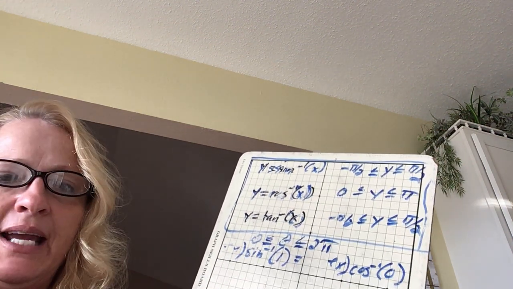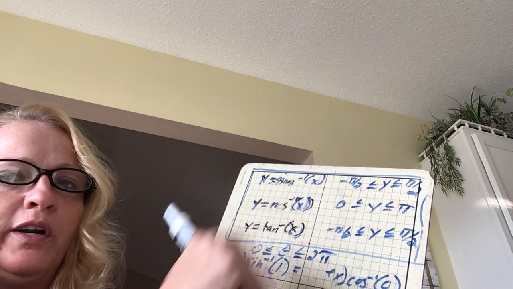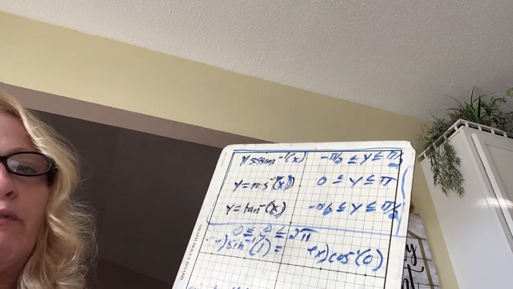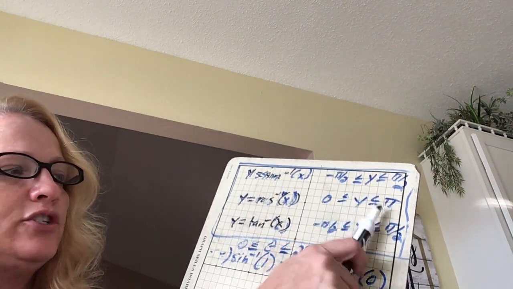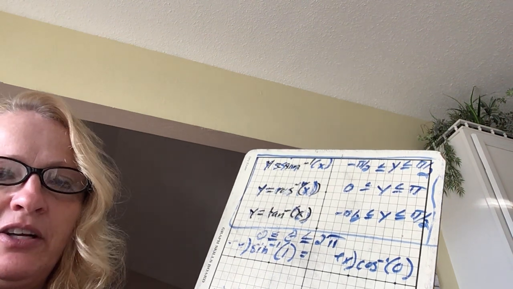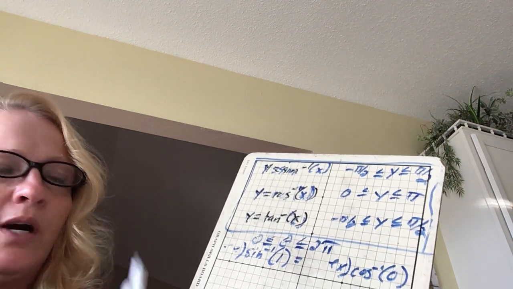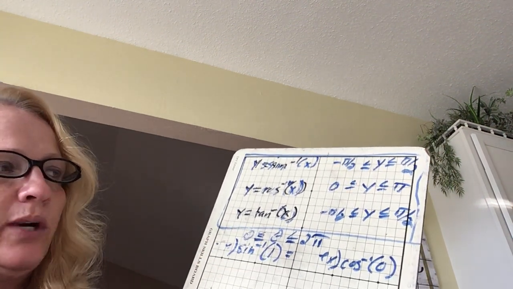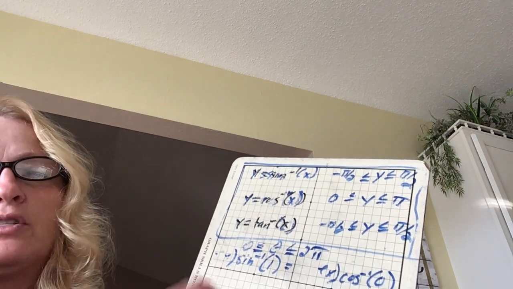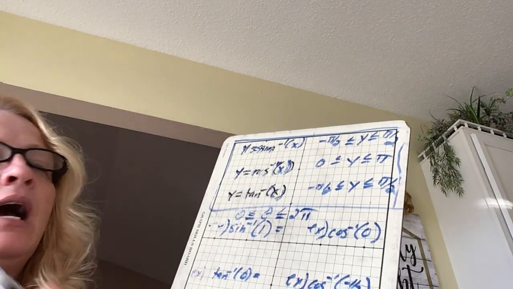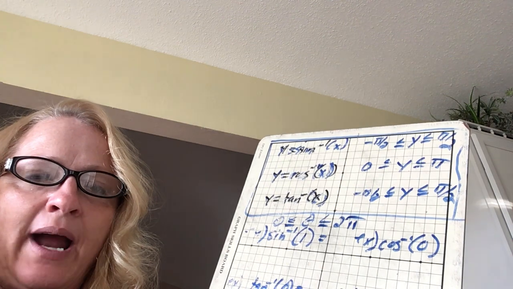It's only going to give me answers in my calculator from one of those quadrants. Cosine inverse is restricted to quadrants 1 and 2. It's only going to give me calculator answers from quadrant 1 or quadrant 2. Tangent is restricted between 1 and 4.